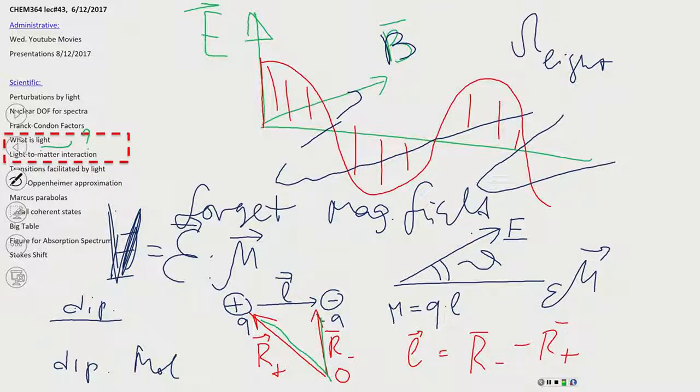Good. So what is oscillating in an electromagnetic wave? That's a tough question. Who took any college physics? You don't need to have taken college physics, you had physics in high school.